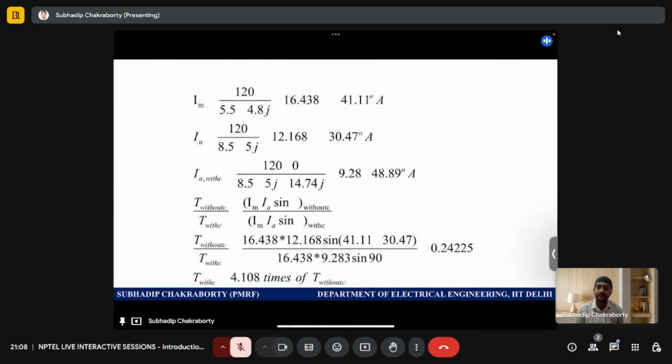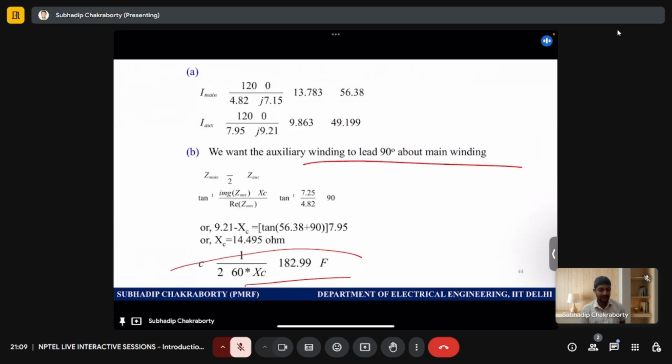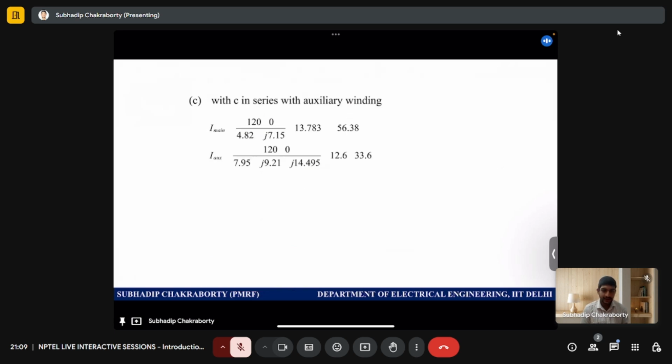I will include the problems and how to calculate the torque. I told you the torque depends on the strength of the currents and the angle between them, right? Or the strength of the magnets and the angle between them. Similarly, the strength of the currents and the angle between them, because the voltage is the same. And similarly for the auxiliary winding, how to calculate the capacitor value. All of this I will include in the material. You can go through the problem.